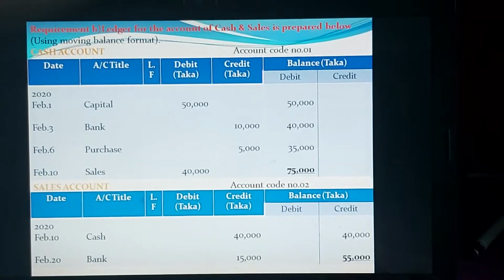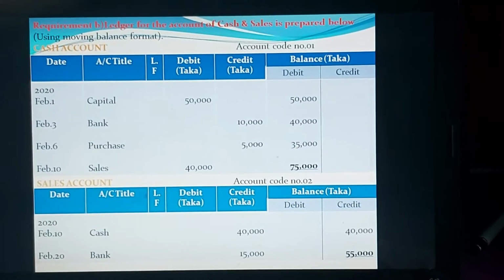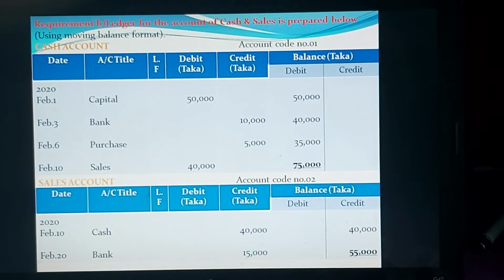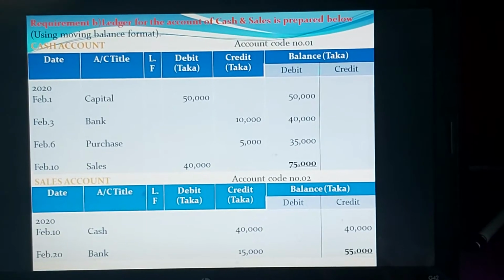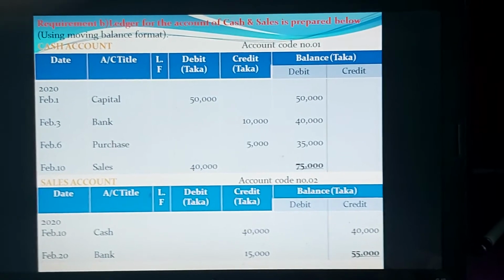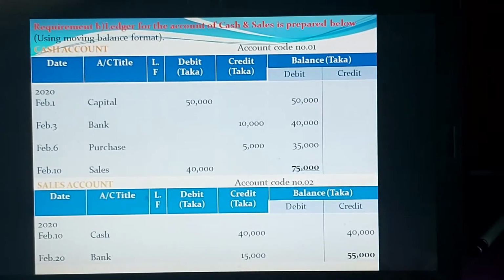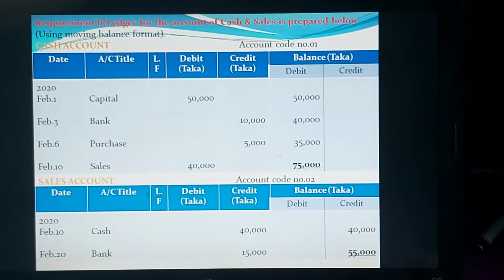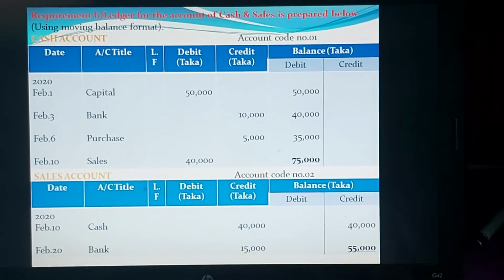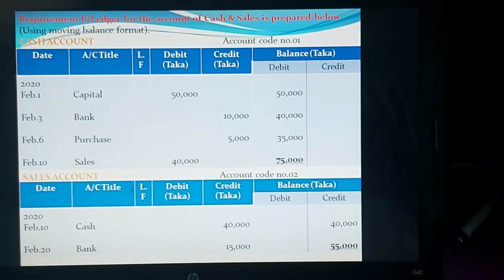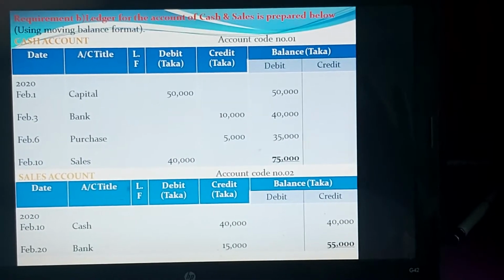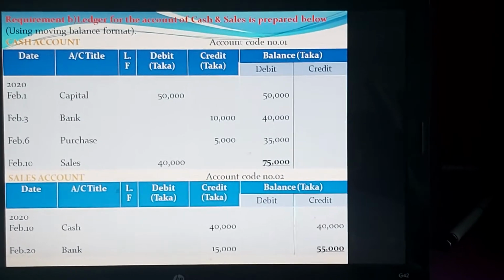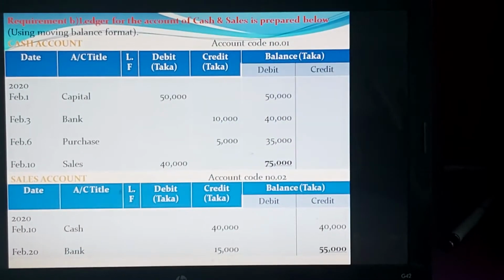At this moment the debit balance available is taka 35,000 and the new posting in the debit column is taka 40,000. So how to adjust it? You know that when a debit balance is available and a debit posting is newly entered, then the two amounts are to be added.